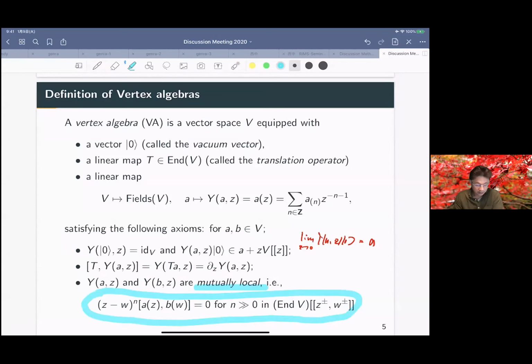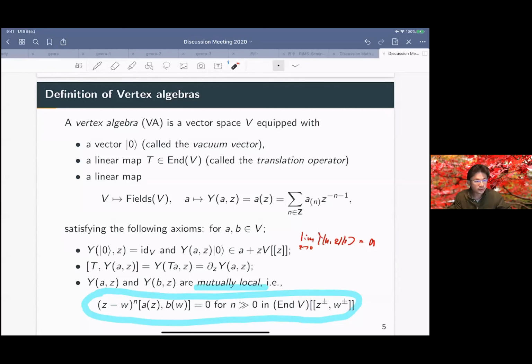I said that multiplication of a(z) and b(z) doesn't make sense, but because I changed the variable here by w, this bracket makes sense as an element of this space. And if you apply enough powers of z minus w, this must be 0 in this vector space. So this is the end of the definition.